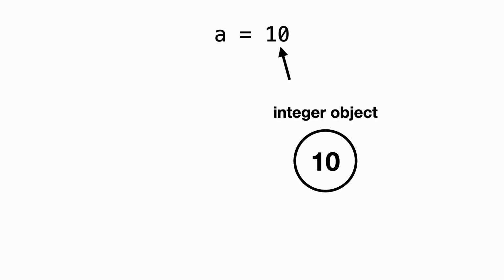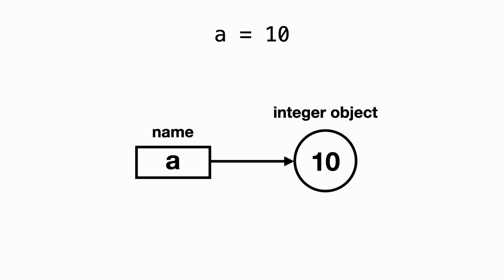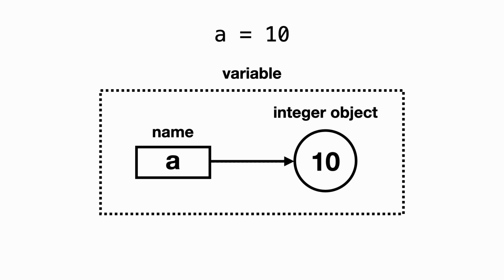This is because Python recognized a number during the assignment. The next thing that happens is that a name is created in the current local namespace, and I'll show you what that means in a minute. What's important now is that there is a reference from the name to the integer object, and the combination of it all is the variable.